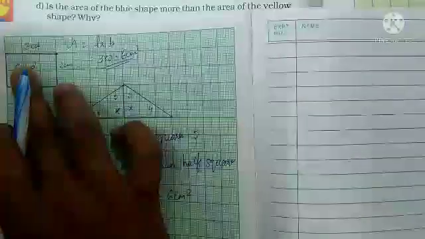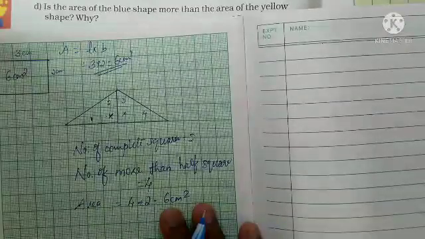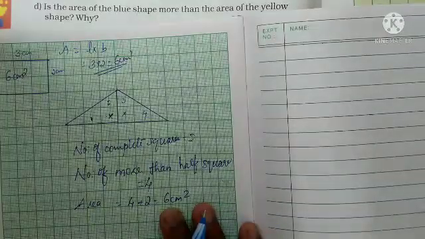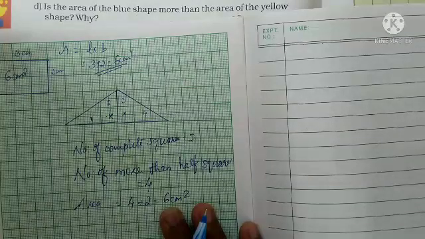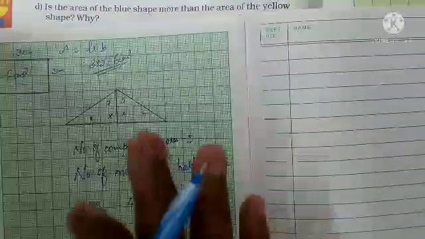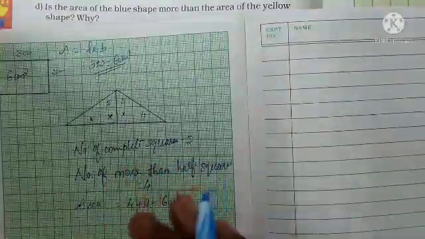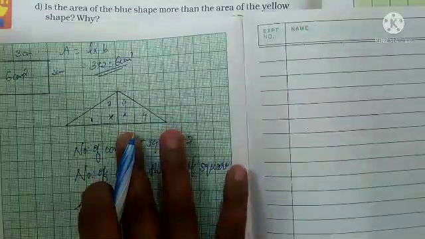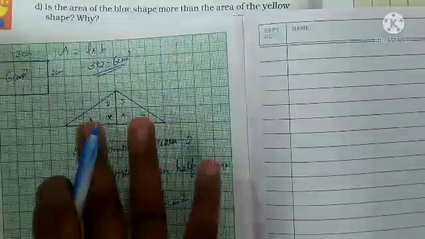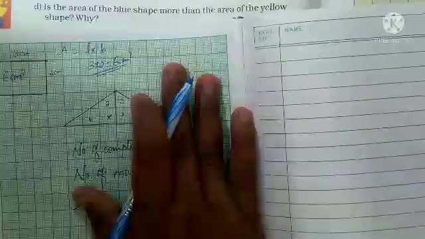So here it is right, but it is not an accurate value, and we have to write it as an estimate value. Understand? But we have to use the unit square to find out the irregular shapes. Here there is no formula to find out the area because you are studying in 5th standard.